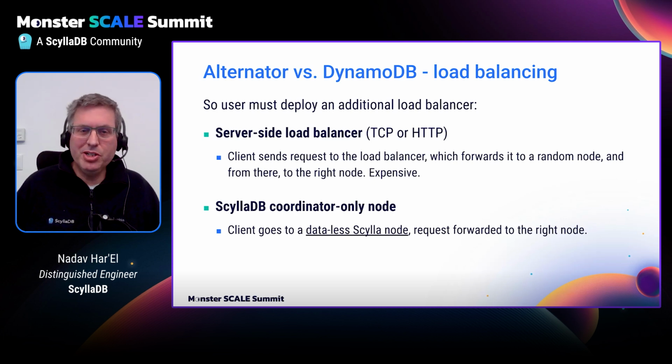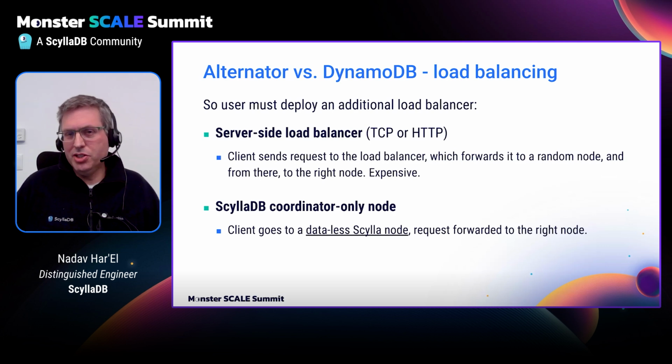If you have an HTTP load balancer, the client sends a request to this load balancer, and it forwards it to one of the live nodes at random. And from there, Scylla forwards the request to the right node, the node that actually holds the requested data.